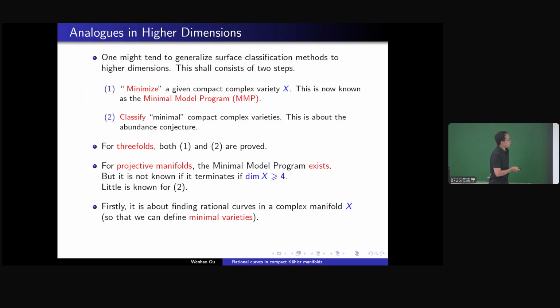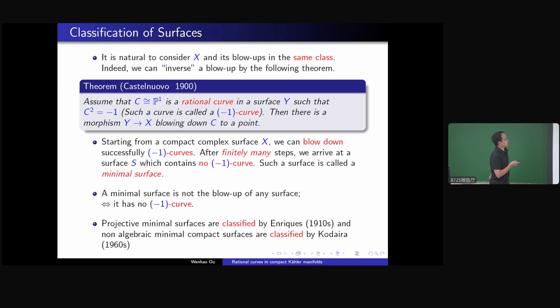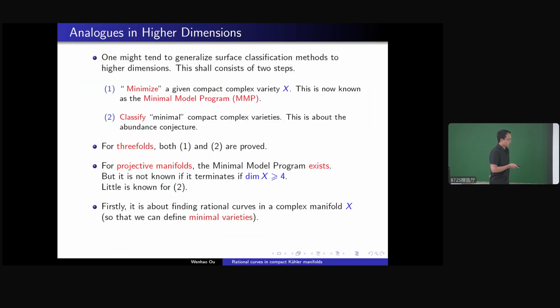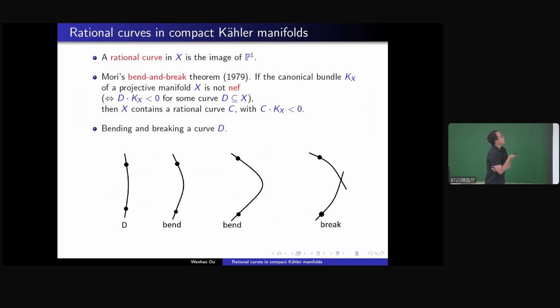For this strategy, the first step is to find rational curves in a complex manifold. This is the higher dimensional generalization of the Castelnuovo theorem. We want to detect if a variety is minimal, so we need to find rational curves at the very first step. In higher dimension, we relax our definition.